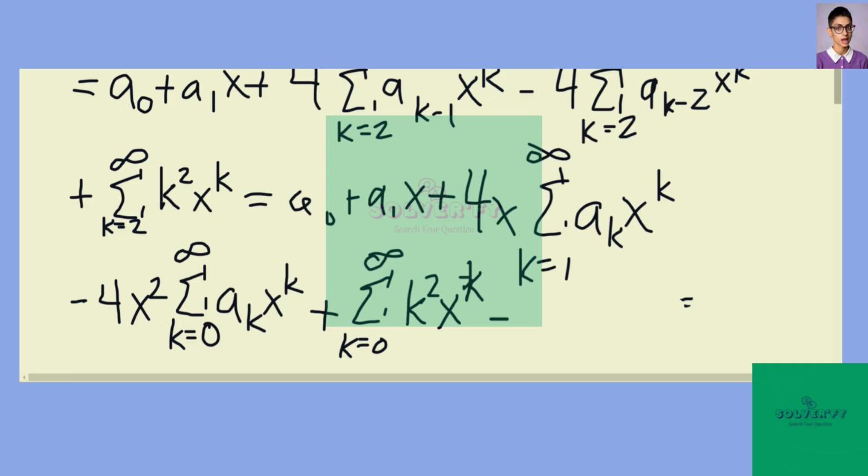This is simply 0 times 1, which is 0. If k is equal to 1, we have 1 squared is 1 times x to the first. So this is minus x.